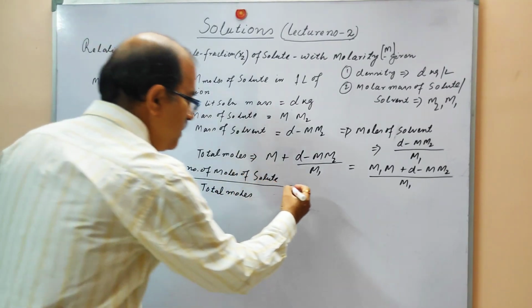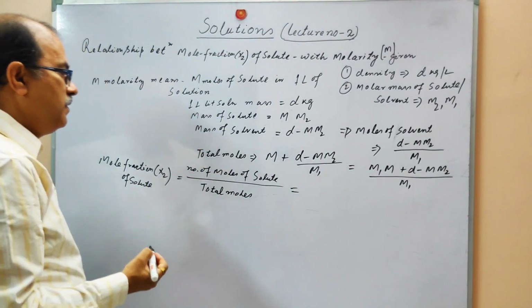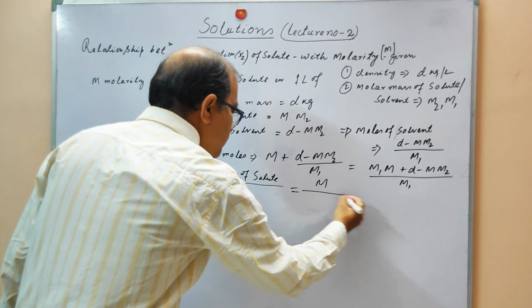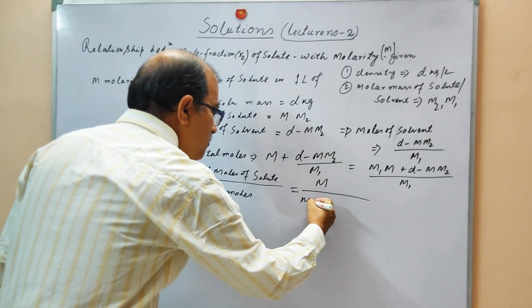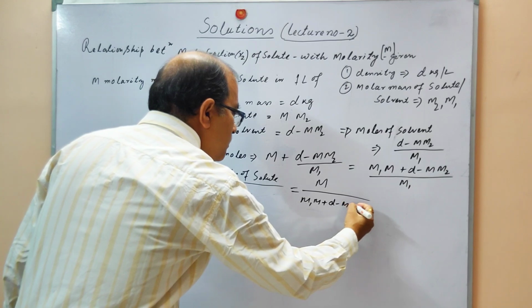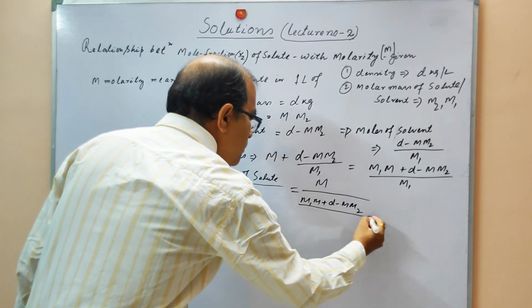We just put all the values that we have calculated. Number of moles of the solute is M, divided by M plus D minus M2 by M1.